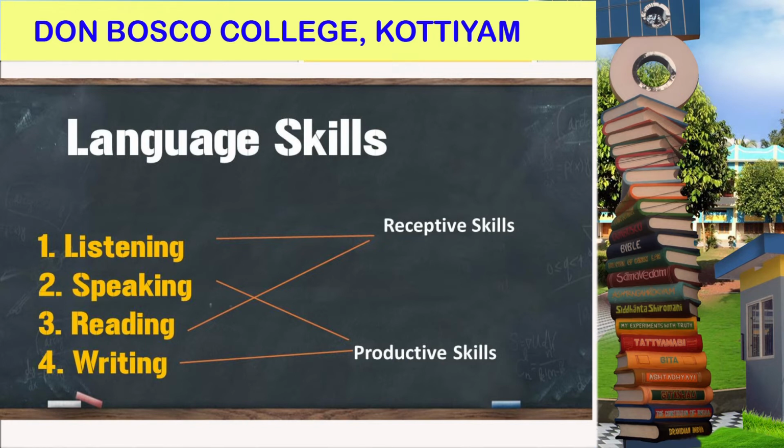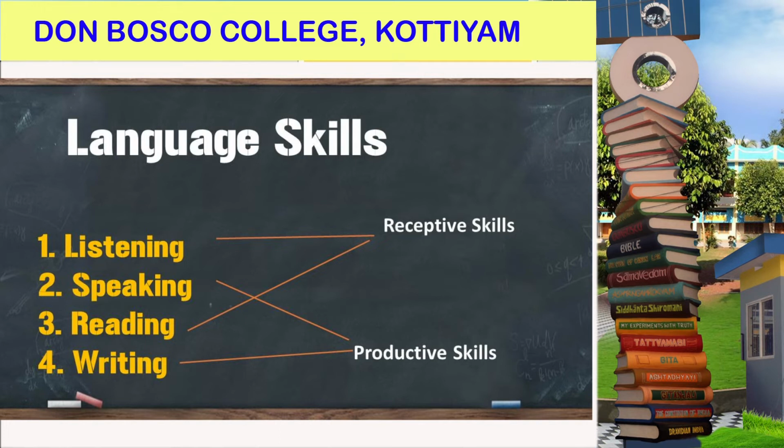Definitely it is language. If only you have proper language skills, then only you will have proper communication, then only you will get a good job. Language skills are four different types: listening skills, speaking skills, reading skills, and writing skills. These are known as language skills.